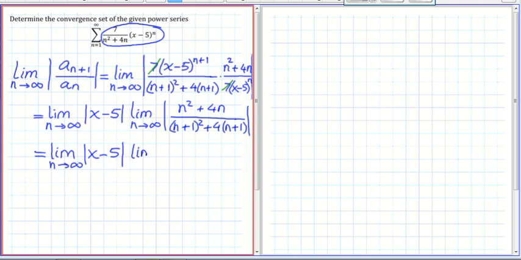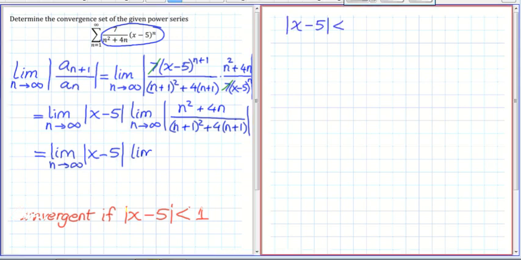So we say convergent if the absolute value of x minus 5 is less than 1. Now if we solve for that, we should have x minus 5 less than 1 and greater than negative 1.